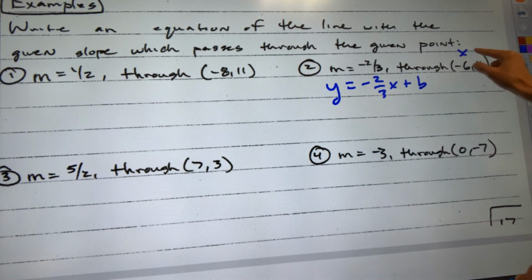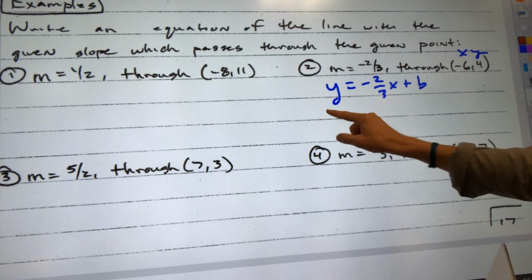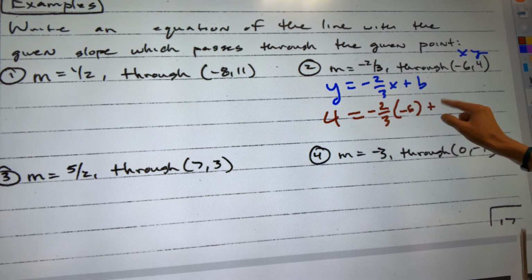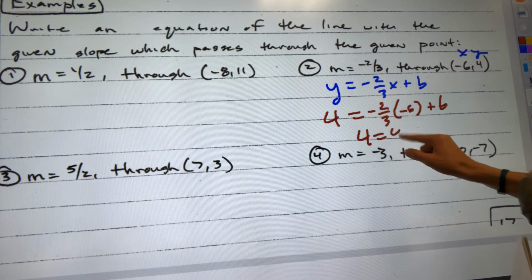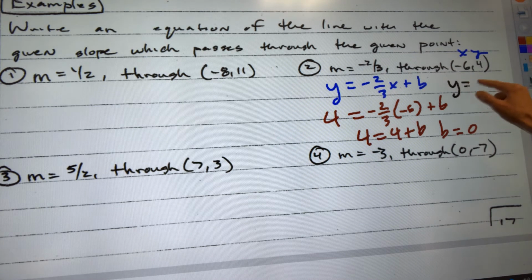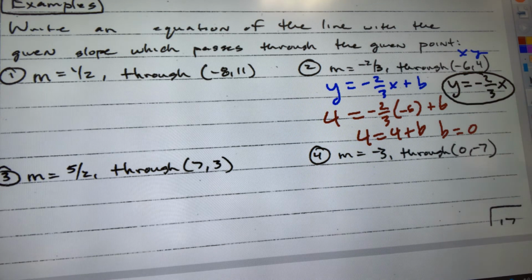You have an x and a y that this line goes through. So 4 is equal to a negative 2/3 times a negative 6 plus b. 4 is equal to 4 plus b. B is 0. So we don't write plus 0. That's kind of silly. Instead, we just say y is a negative 2/3 x. All right, so it goes through the origin, 0, 0.